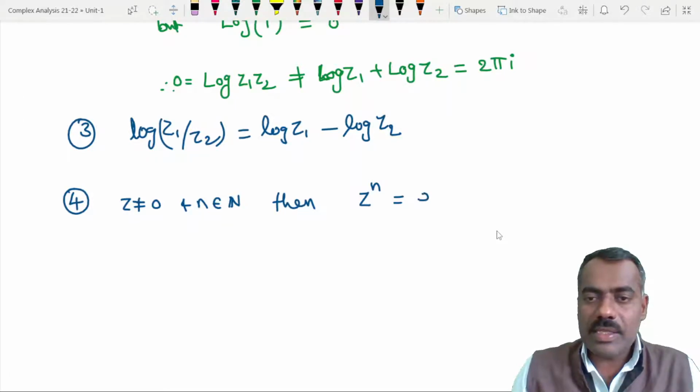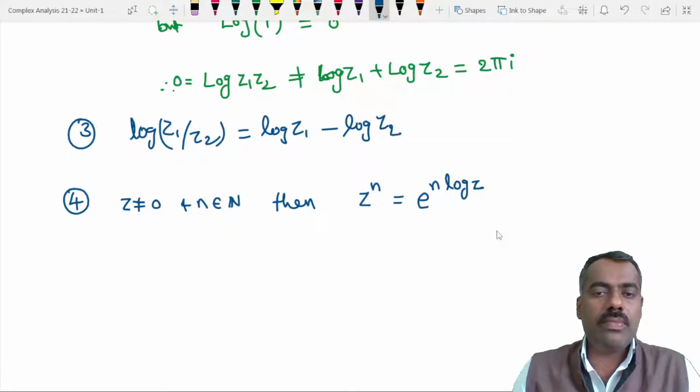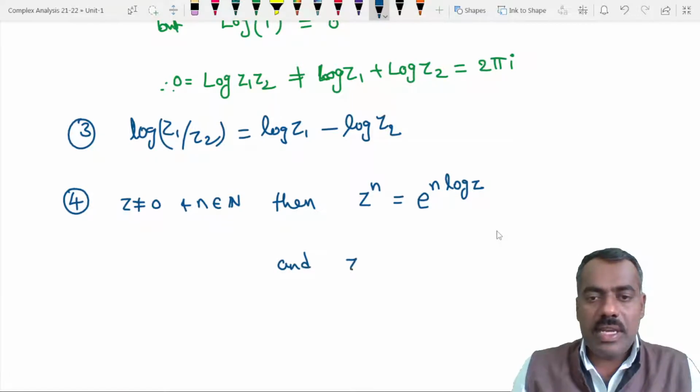This is the same as e power n times log z, okay? And z power 1 by n, if we take, this is again e power 1 by n times log z.